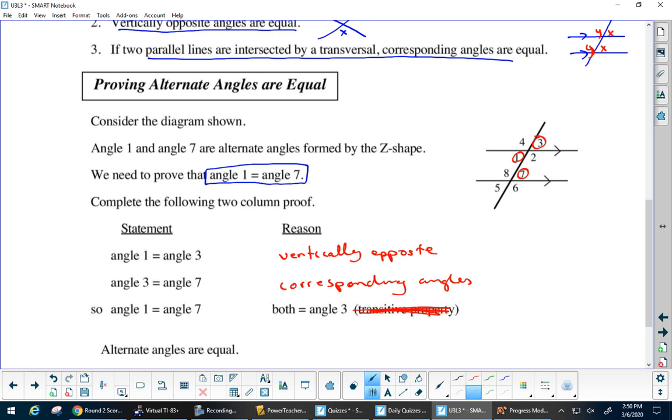And so therefore, I like to use a therefore, they're both equal angle 3. So 1 equals 3, 7 equals 3, therefore 1 must equal 7. And that's what you can use sometimes to even help you verify stuff. Oh, I'm pretty sure that Z thing, should these be equal? Okay, well these are for sure, and these are, oh well, yeah, they are equal.